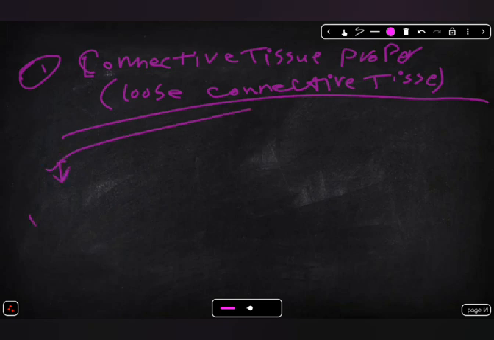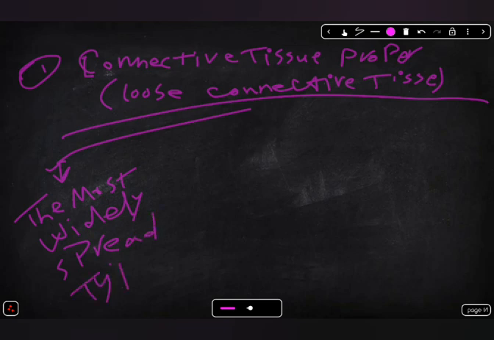Firstly, the most widely spread type. Okay, the most widely spread type. I can find it in every tissue in my body.